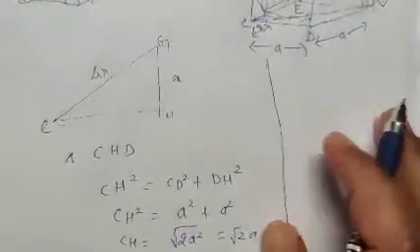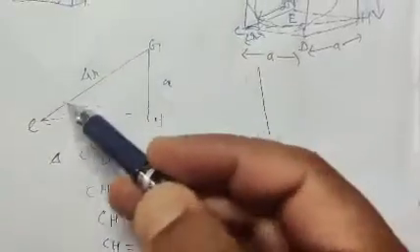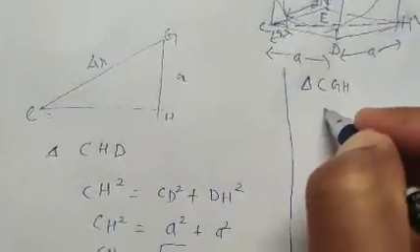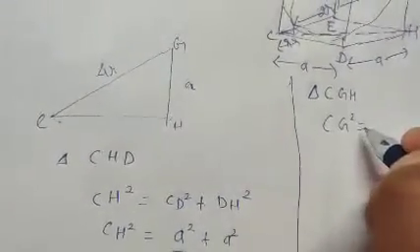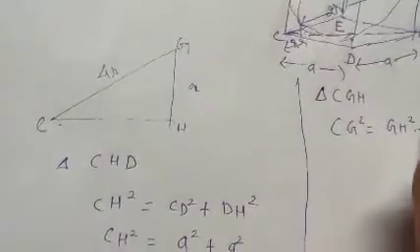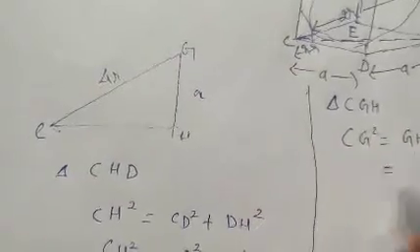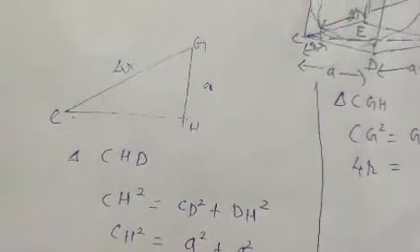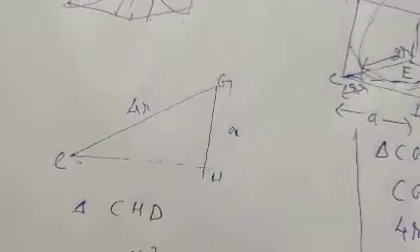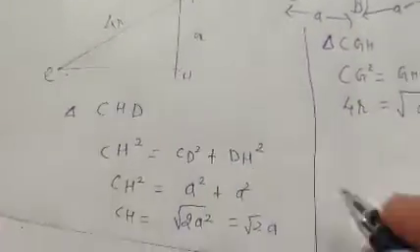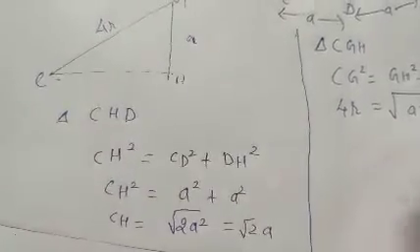Now take the triangle CGH. From this triangle CGH, CG square will be GH square plus CH square. What is CG? CG is equal to 4r. So CG will be 4r, and under root, GH is equal to a square, and CH square is equal to 2a square.